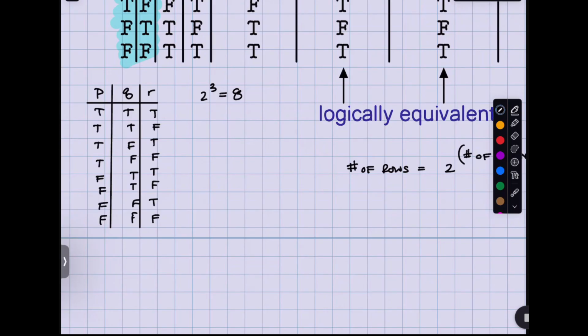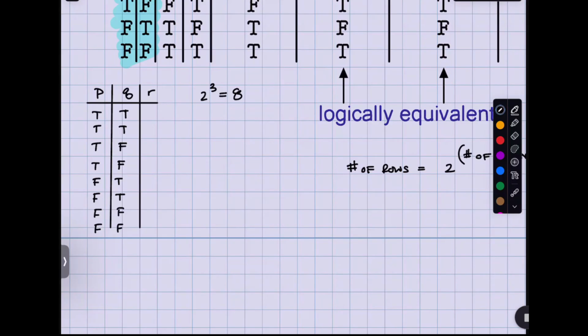Or you can go from the front over. Since I know I have 8 rows, I'm going to start with half of it being true, half of it being false. 1, 2, 3, 4, 5, 6, 7, 8. Then half of that: true, true, false, false, true, true, false, false.